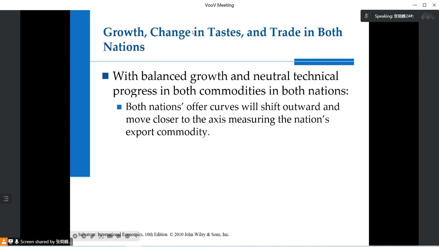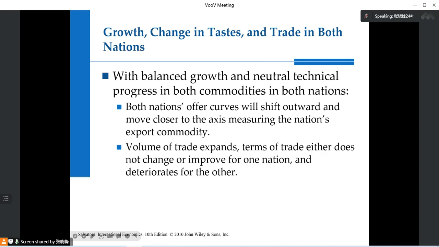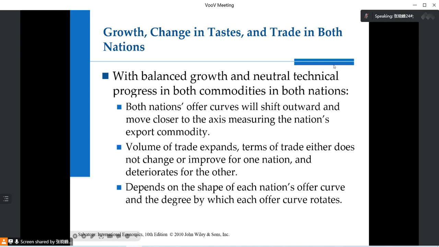Here, growth, change in taste and trade in both nations, with balanced growth and neutral technical progress in both commodities in both nations. Both nations' alpha curves will shift outward and move closer to the axis measuring a nation's export commodity.